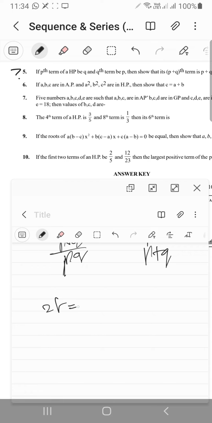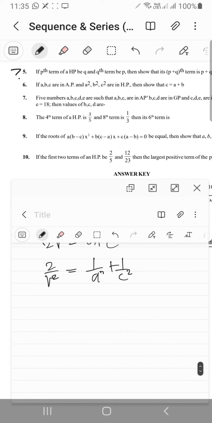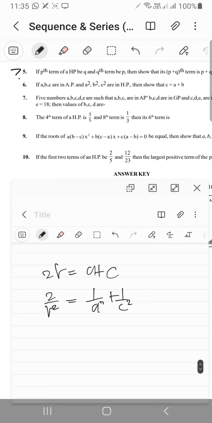So you know 2b equals a plus c, and these are in HP, that just means 2 upon b squared equals 1 upon a squared plus 1 upon c squared, right? That means 2 times a squared c squared is b squared times a squared plus c squared. But you know that b is just a plus c upon 2.